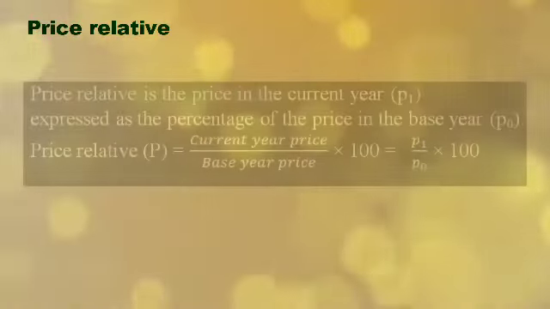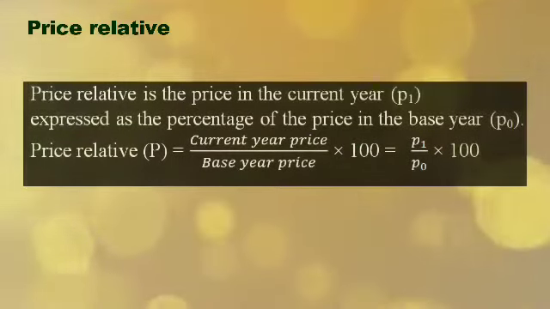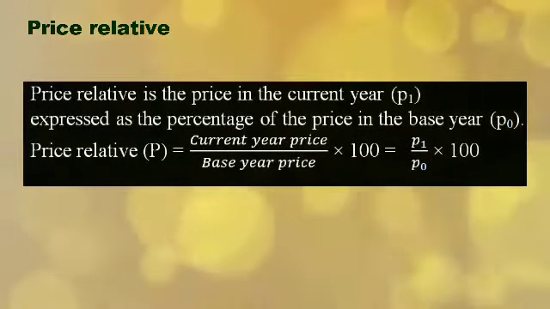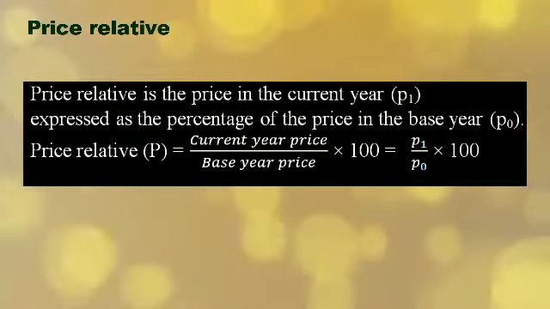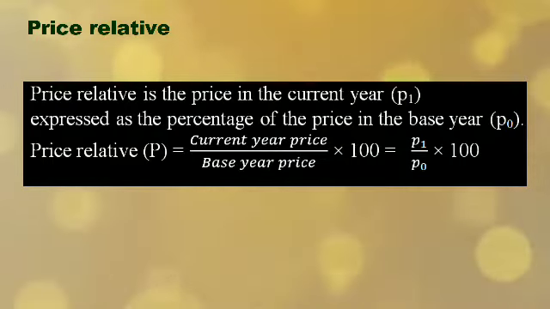What is price relative? Price relative is the price in the current year expressed as a percentage of the price in the base year. For example, let me consider one item, that is rice. The price of this rice in 2015, let me assume, is 20 rupees.